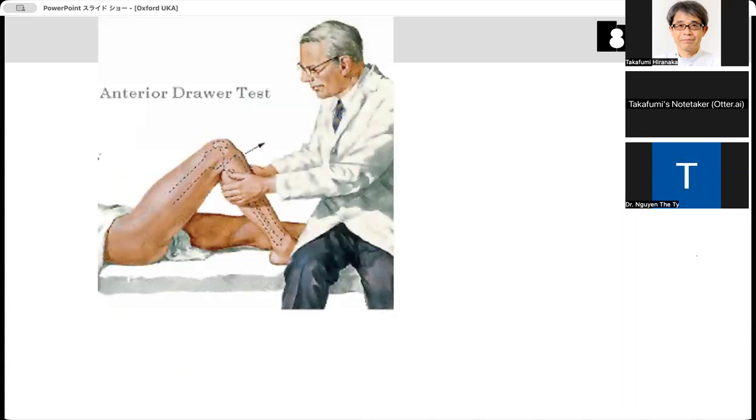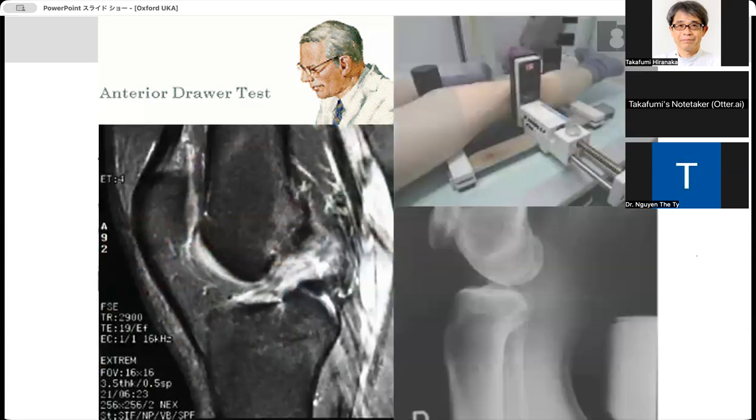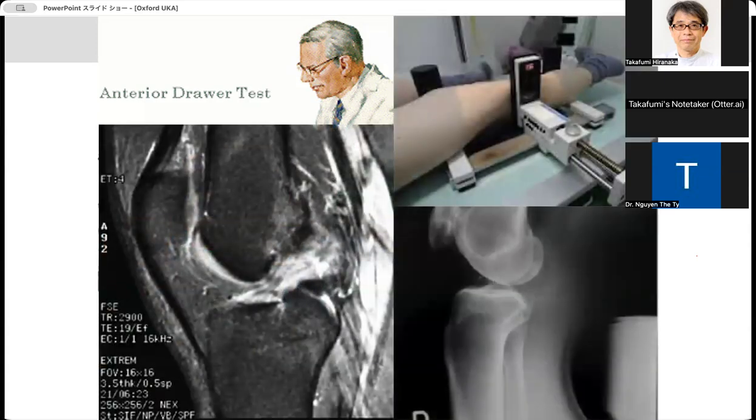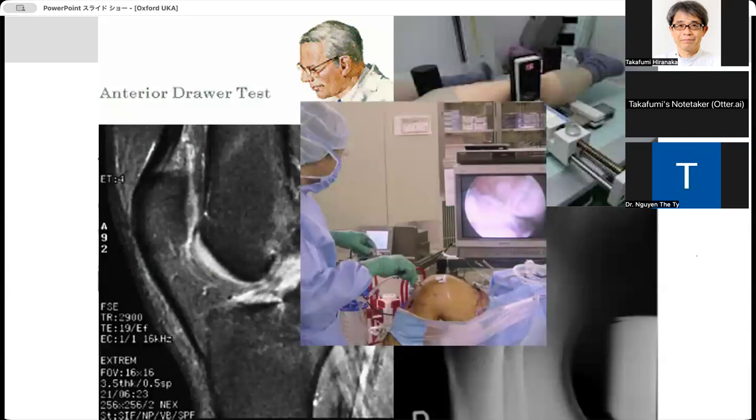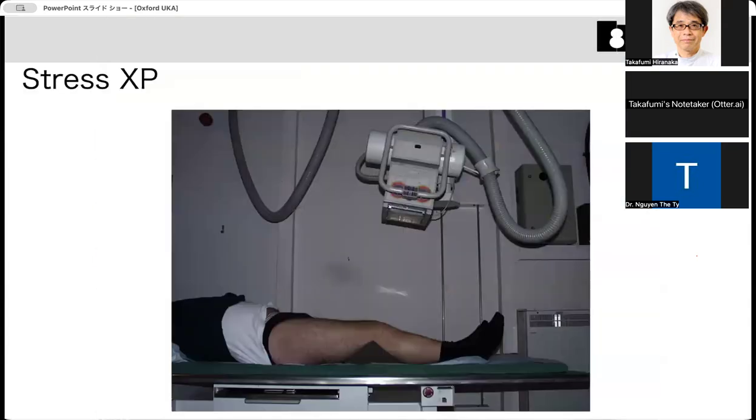So how to evaluate the intact ACL? Of course, a physical examination such as anterior drawer test, Lachman test, and pivot shift test, and MRI, and stress X-ray in the anterior, and arthroscope. But in our indication, we estimate the function of ACL using the stress X-ray.